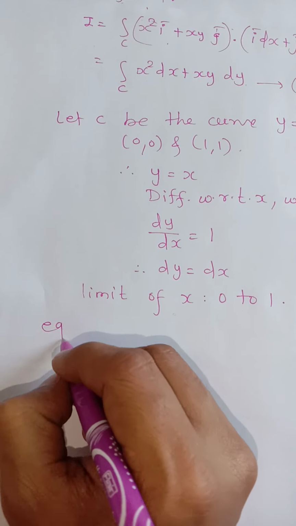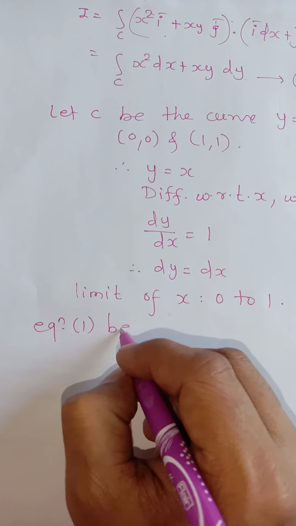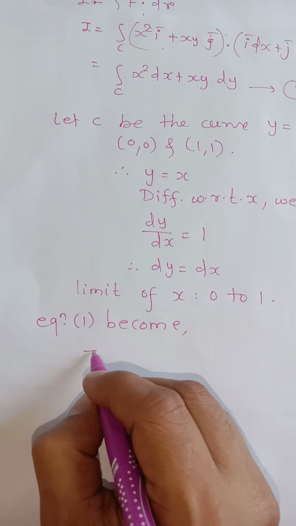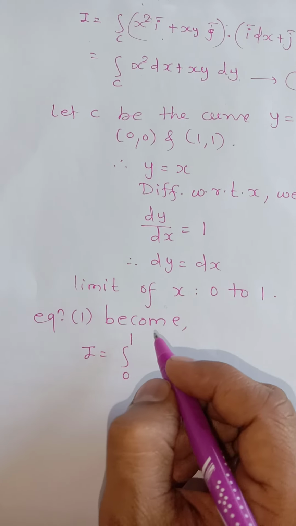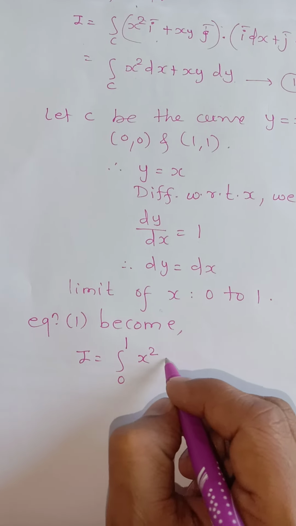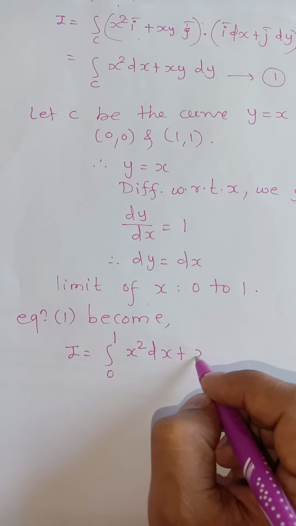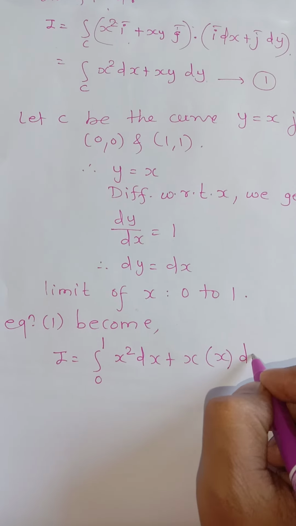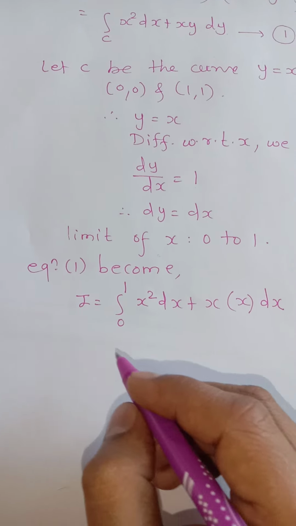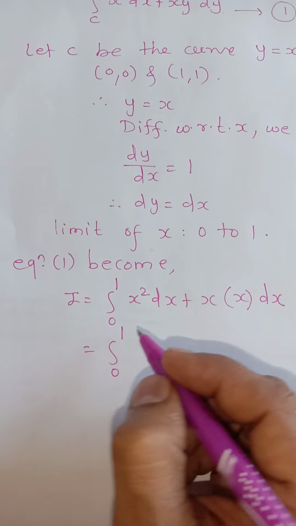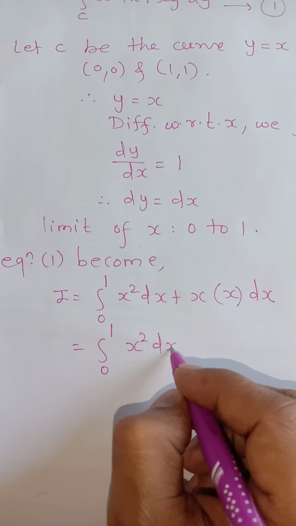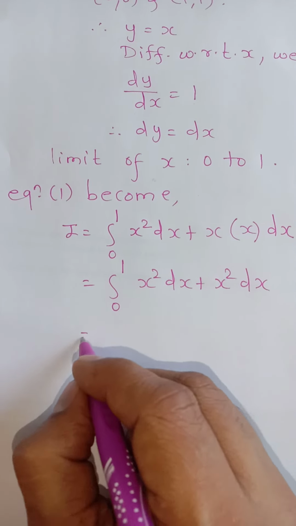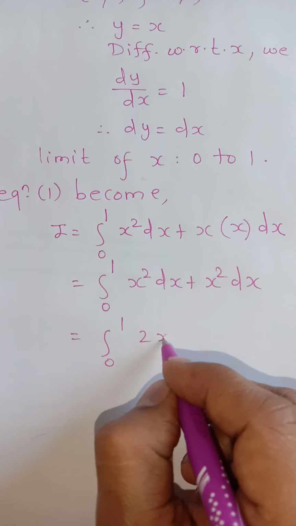So equation 1 becomes I is equal to the integration over C of x square dx plus x as it is, put y is equal to x, dy is equal to dx, and the limits of integration 0 to 1. So x into x means x square dx. So x square dx plus x square dx is 2 times x square dx.